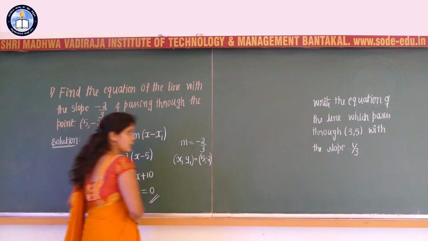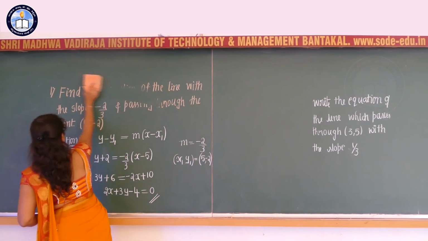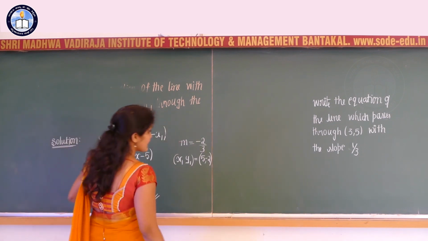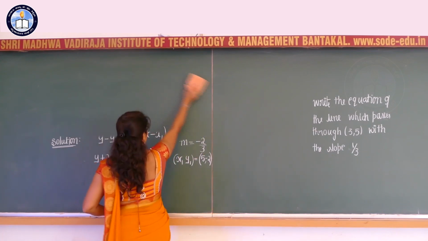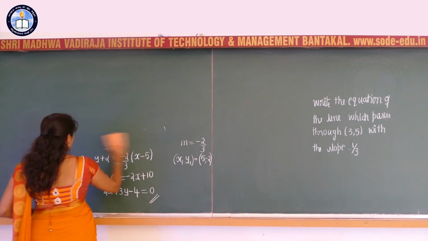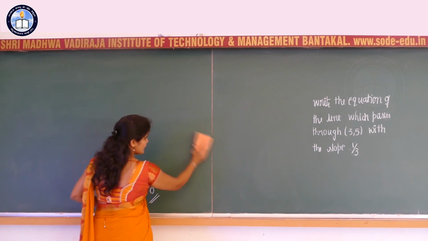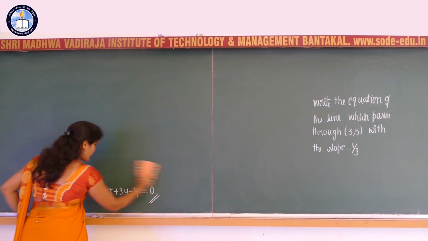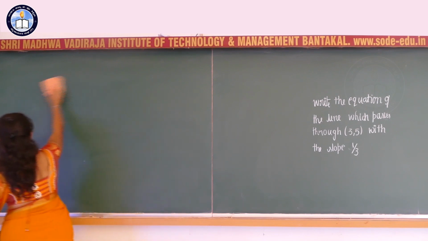Here, we should find the equation of the line. Slope is given, slope is 1 by 3, and the given point is the ordered pair (3, 5). By considering the given data, we are using the slope point formula, and by using the slope point formula you are going to write the solution for the given question.